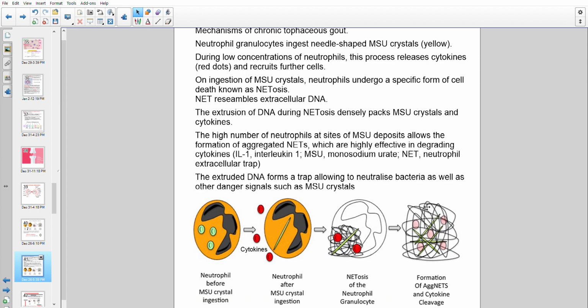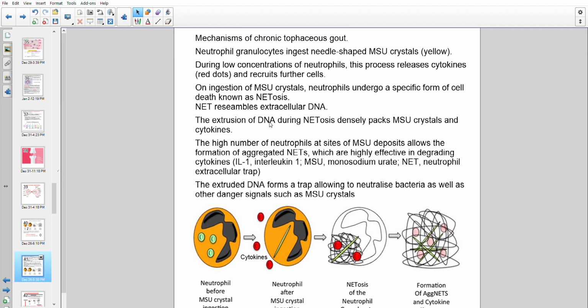I'm going to be repeating again the mechanism of chronic tophaceous gout, because it forms tophi, remember? That's what chronic means, and we don't want it to get to the chronic stage. Neutrophil granulocytes, these guys here, ingest needle-shaped MSU, the yellow crystals.